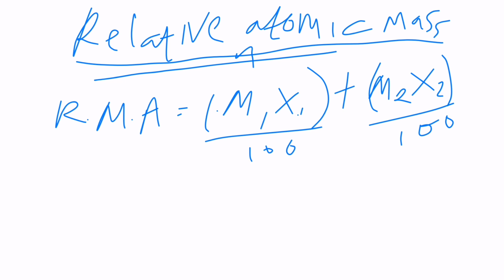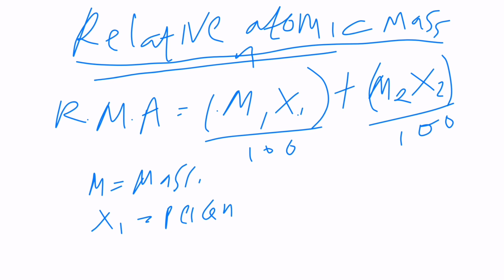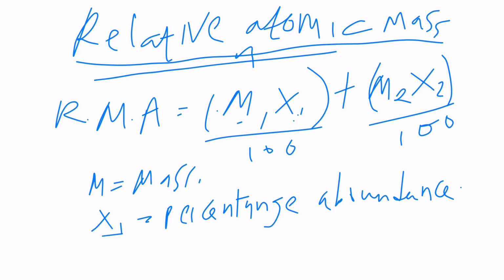Where m is equal to what? m is mass 1, the mass of an isotope, then x is the percentage abundance. That is the only thing which we need to know. So this m means mass 1, x means percentage abundance.